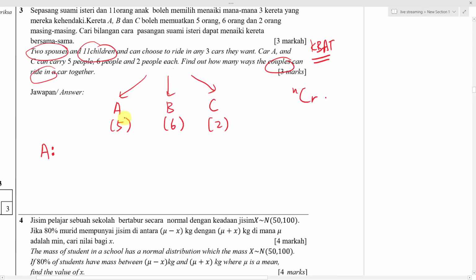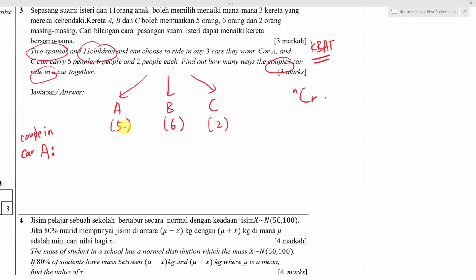So the couple will take up 2 seats. You just imagine your car has 5 seats, and the couple takes the two seats. So if I put the couple in car A, you only have 3 more seats left, isn't it? Because 5 seats, minus 2 seats for the couple, leaves 3 more seats.